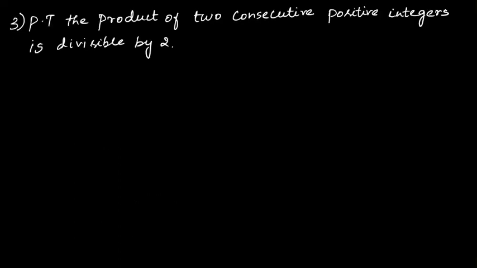Third question, prove that the product of two consecutive positive integers is divisible by 2. So let us assume n minus 1 and n be the two consecutive positive integers.